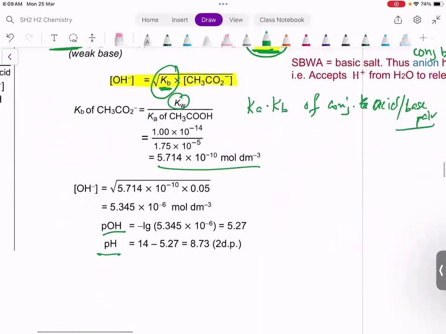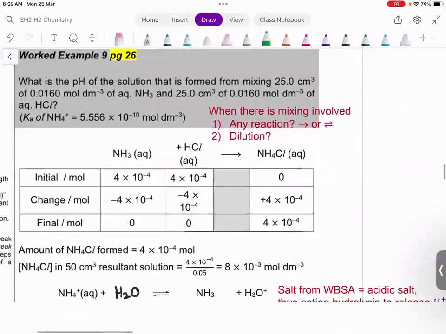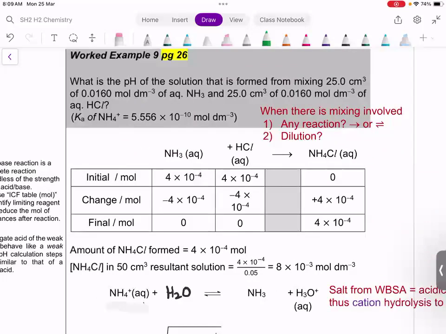So let's look at the next work example. In the next work example 9, this one is more complicated because you are not just given a salt. Instead, you are forming a salt. So what do I mean by forming a salt? If you look at this very carefully, you are mixing the weak base and the strong acid.